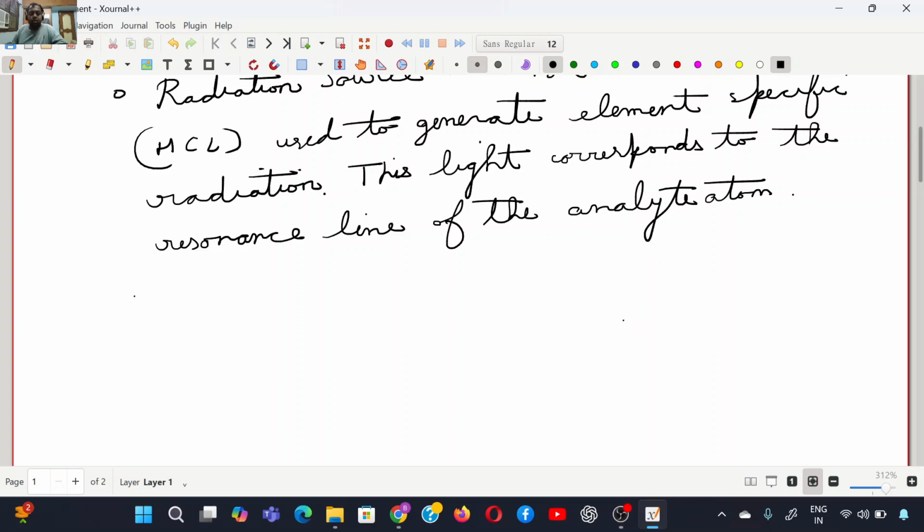Moving forward, we have the flame or the atomizer. Again, I explained it can have flame mode or it can have furnace mode. So basically, for instance, if you have groundwater with some pollutant like arsenic, it will be in the form of a liquid, right? So that liquid sample is put in a flame, and because of the temperature, it is converted into free atoms, right?